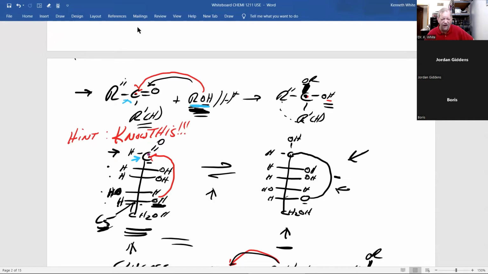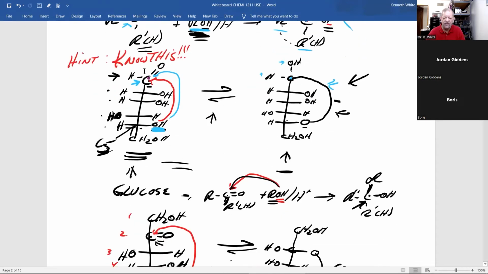The alcohol, which attacks the carbonyl, is this alcohol right here. It attacks that, and it opens it up to this right here. This carbon right here will have a hydroxyl group, a hydrogen bond right here, and the rest of that is my R prime and R double prime.